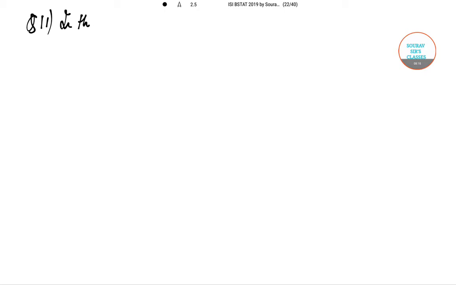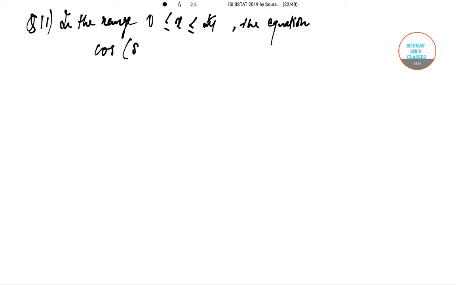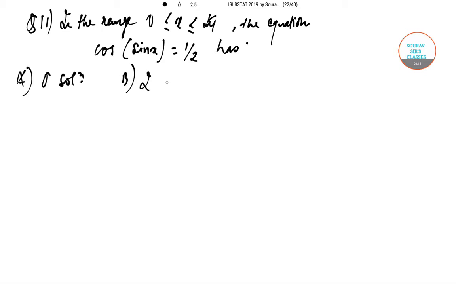In the range of x lying between 0 and 2 pi, the equation cos sin x equal to half has option A 0 solution, option B 2 solutions, option C 4 solutions, or option D infinitely many solutions?